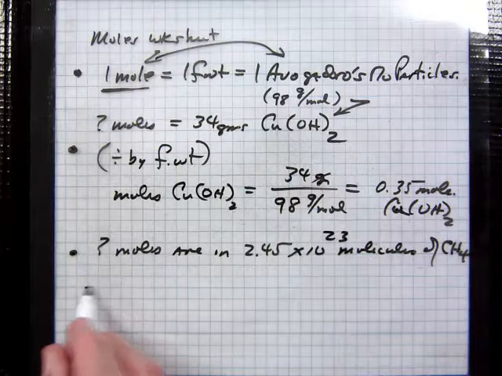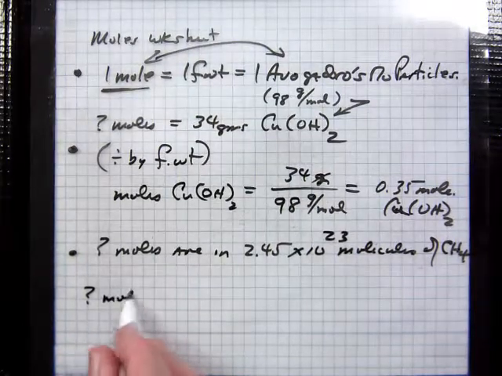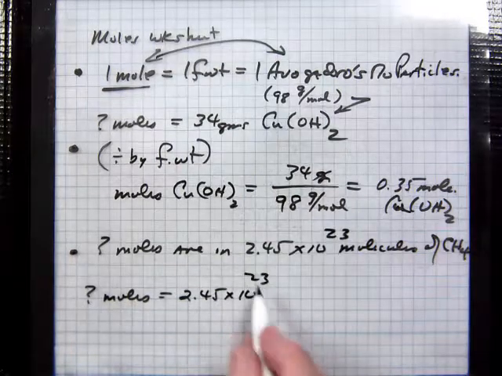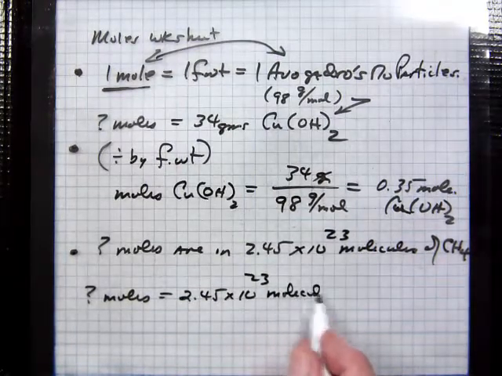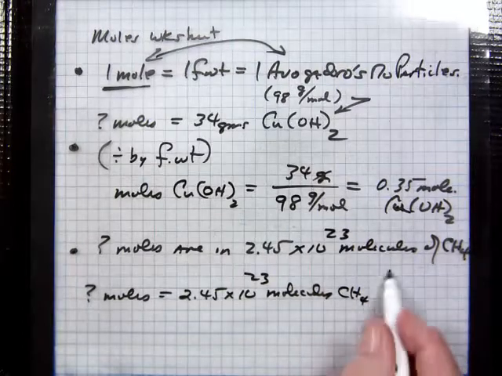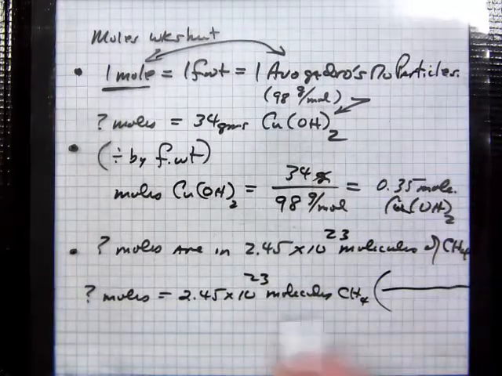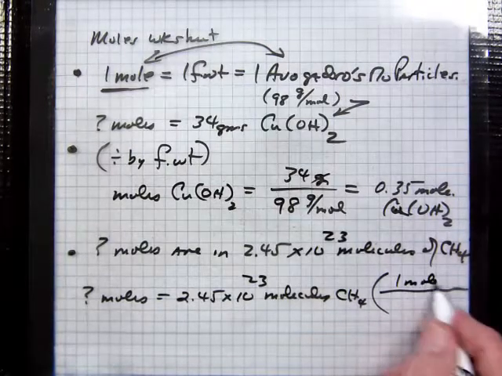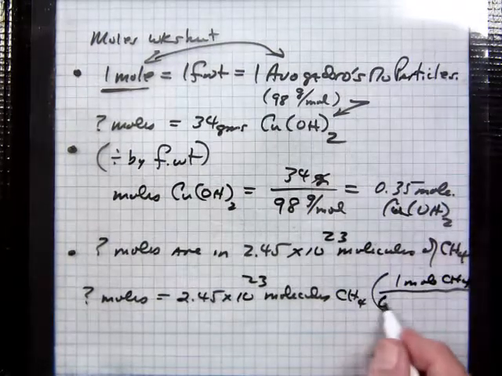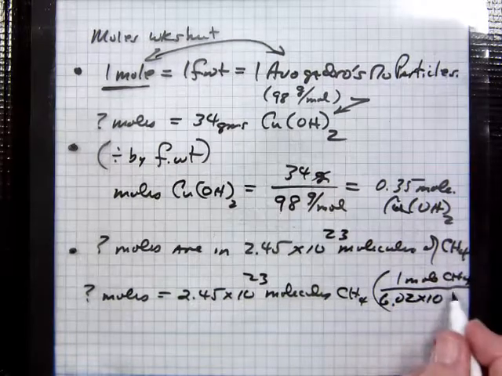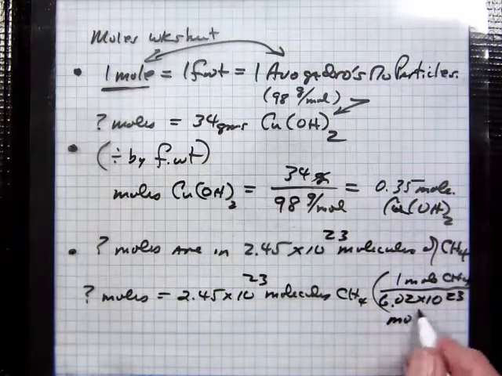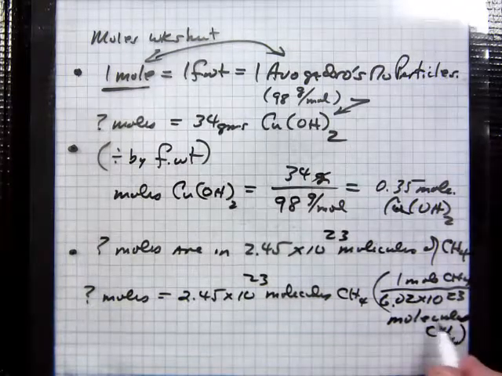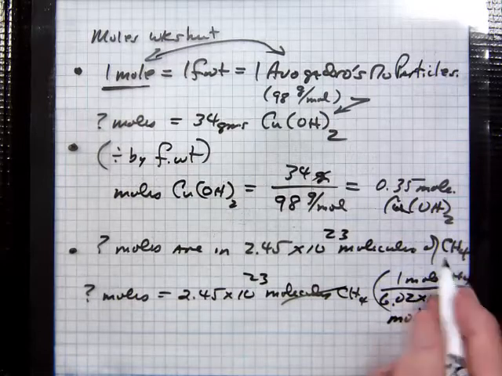So how many moles is equal to 2.45 times 10 to the 23rd molecules of methane? We need to get rid of molecules of methane, and it turns out to be 1 mole CH4, 6.02 times 10 to the 23rd molecules of methane. So molecules of methane drop out, and you're left with moles right here.